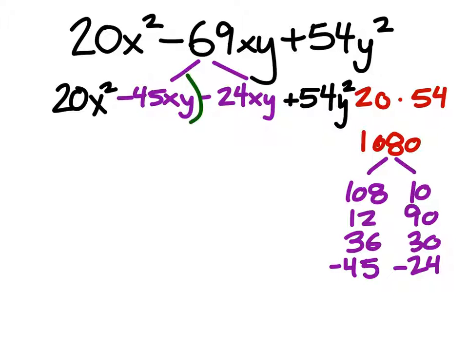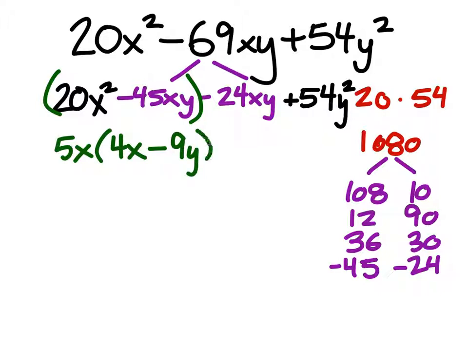Now we're just looking at factoring by grouping. So 45 and 20 have factors of 5. Yeah, 15 is not going to help us. So I'm just going to factor out a 5 and an x, which would leave me with 4x minus 9y. And then in this other set of parentheses, we'll make that plus negative 24 right there.